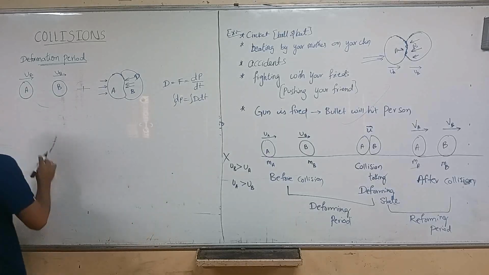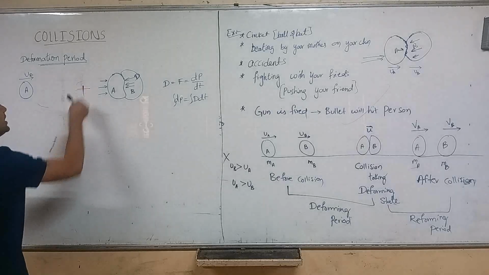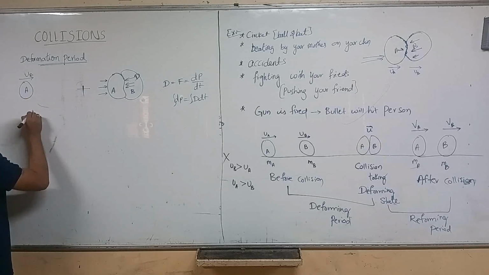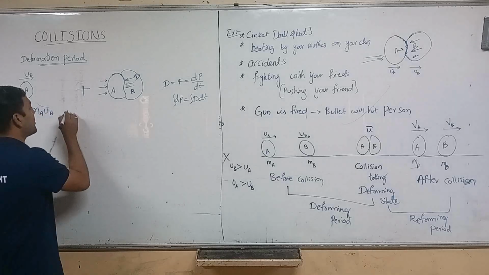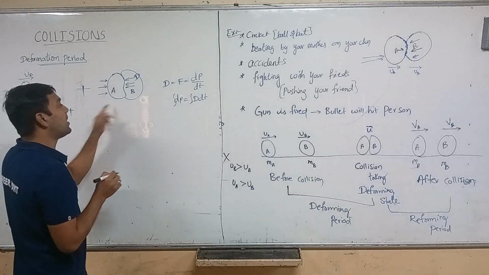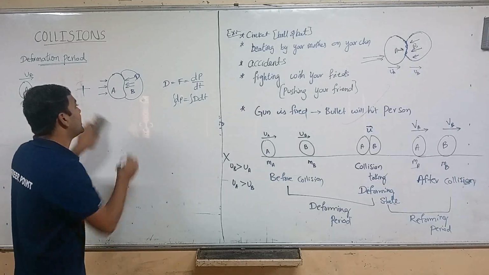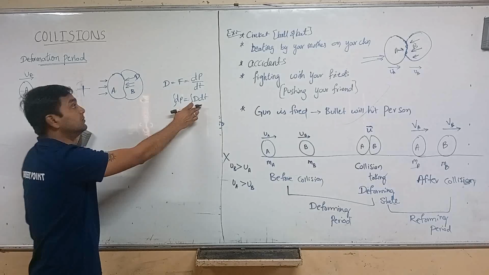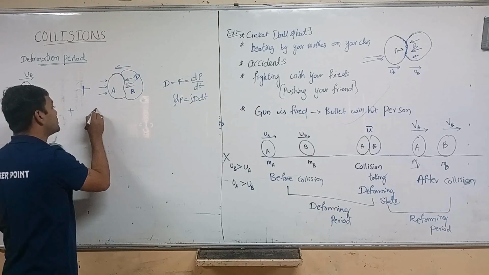Here this object is moving with MA, UA, and this object has the mass MA, right? Here we have the change in momentum.